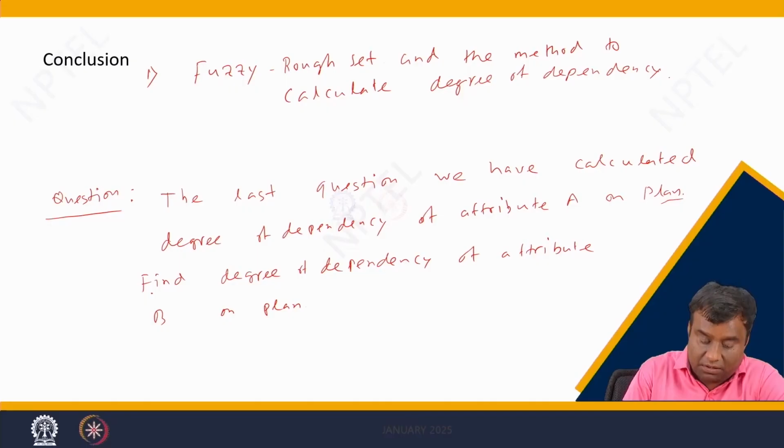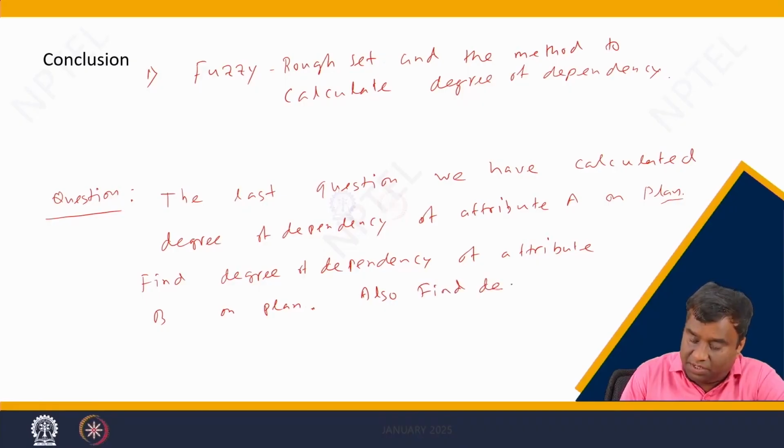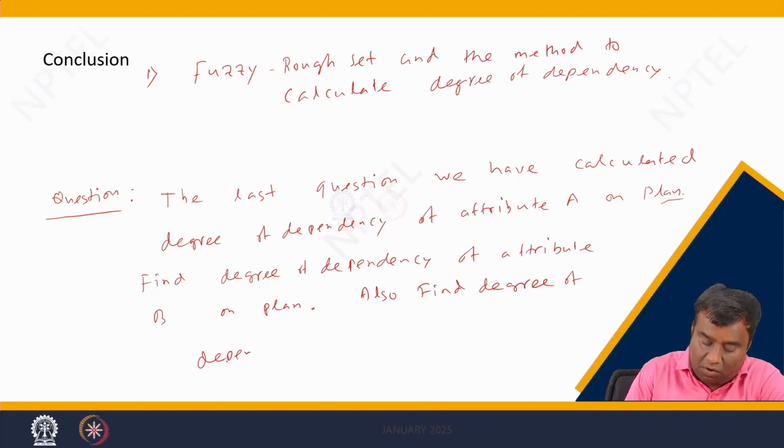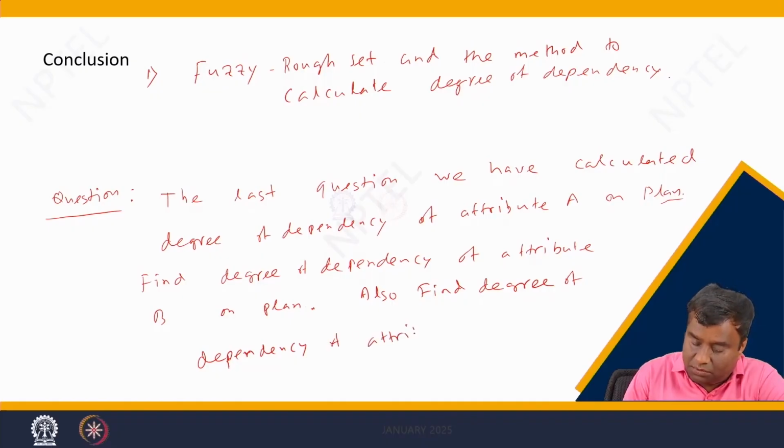So you are requested to find the degree of dependency of attribute B on the plan, or you can also find the degree of dependency of attribute C on the plan. So solve these two questions.